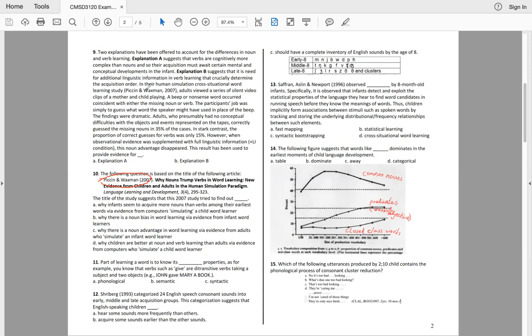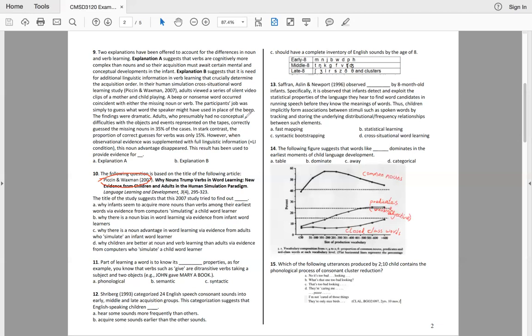So in this particular study, a 2007 study, adults viewed a series of silent video clips of a mother and a child playing. A beep or nonsense word occurred, coincident with either the missing noun or verb. The participant's job was to simply guess what word the speaker might have used in place of the beep during the video parent-child interaction. The findings were dramatic.